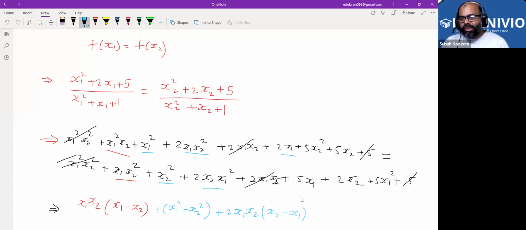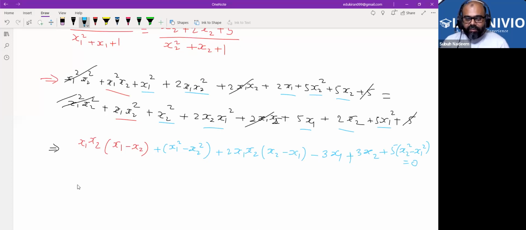Then 2x1 minus 5x1 will be minus 3x1, and 5x2 minus 2x2 will be plus 3x2. 5x2 square minus 5x1 square will be 5 into x2 square minus x1 square. This will be equal to 0.